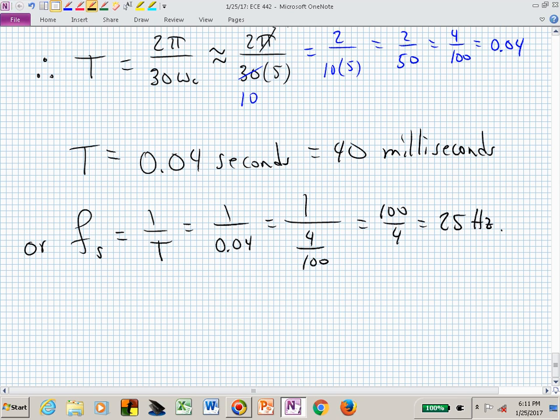And does that make sense? Omega sub c, our closed loop bandwidth, was a little less than 1, and we wanted to sample 30 times that. Well, if omega sub c was 1, we should be sampling at 30 hertz. And here we're sampling at 25 because our omega sub c was a little less than 1 hertz.